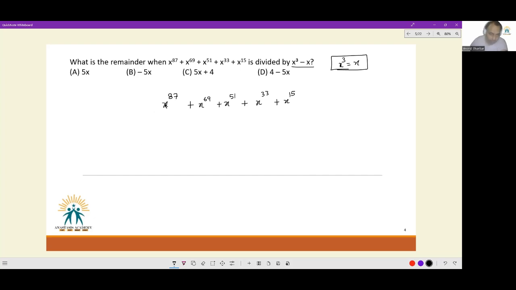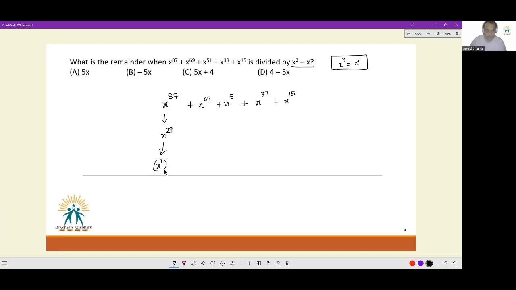So first, I'm only trying to solve for this first expression. This will turn to x cube turns to x. So this will turn to x raised to the power 29. X cube raised to the power 29. X cube becomes x cube. I can reduce it straight away.